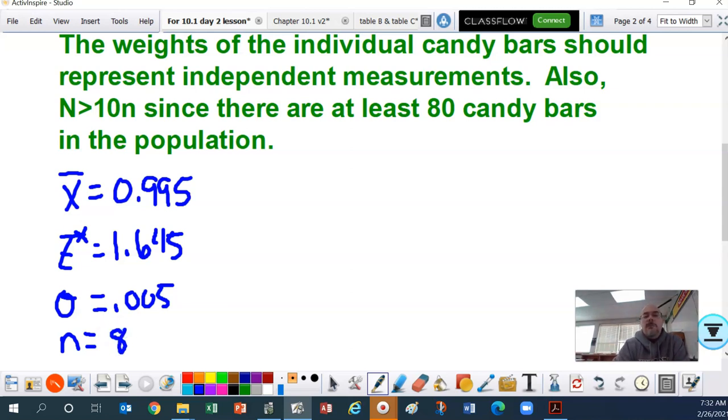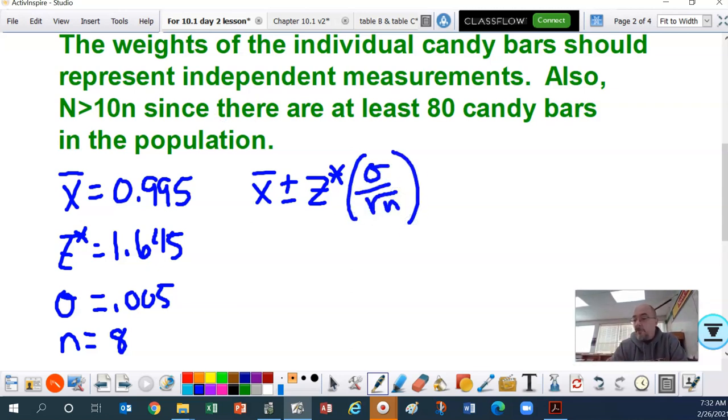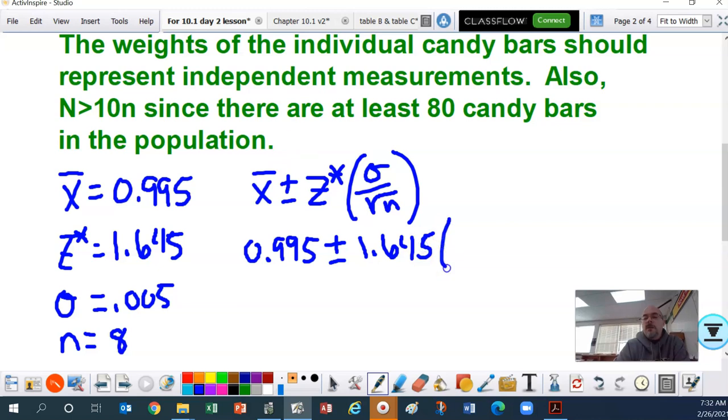Okay, so here we go. X bar plus or minus z star times the standard deviation divided by the square root of n. So I've identified the formula that I'm using. So here we go, 0.995 plus or minus 1.645 times 0.005 divided by the square root of 8.